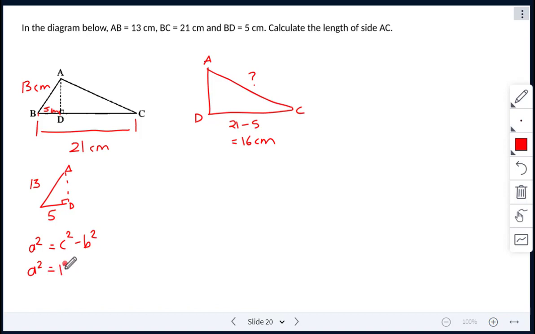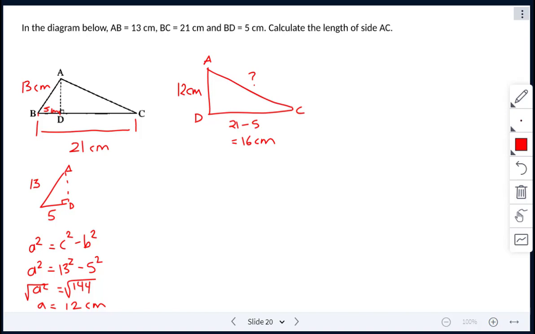So therefore, 13 squared minus 5 squared, that gives me 144, square root both sides, and that gives me 12 centimeters. All right, so therefore, A to D here, we just solved for, it is 12 centimeters. So I'm just going to add that here, that it is 12 centimeters.